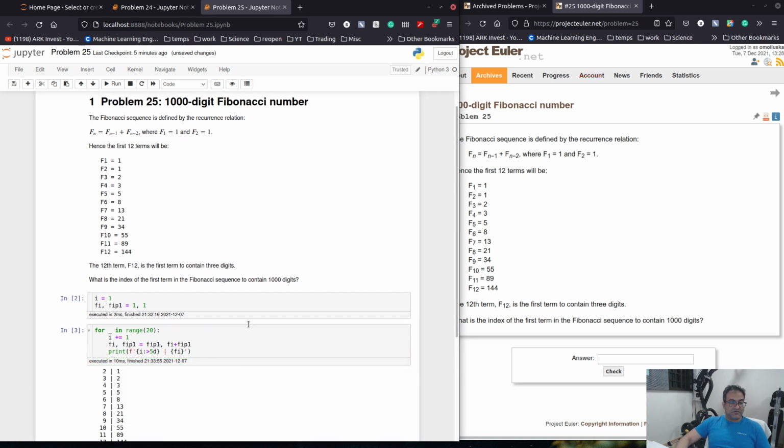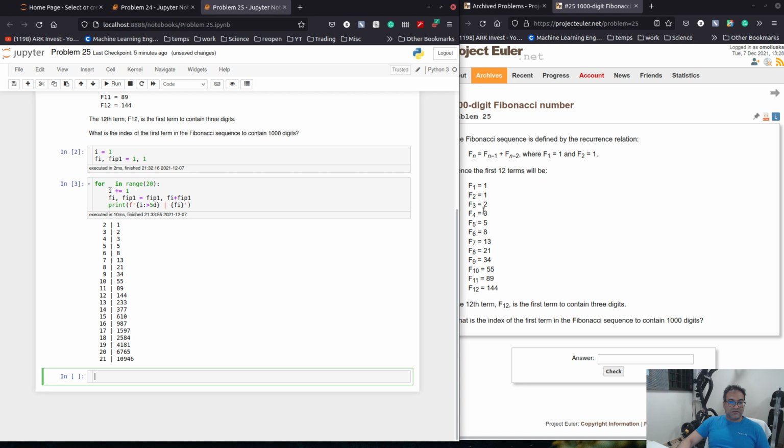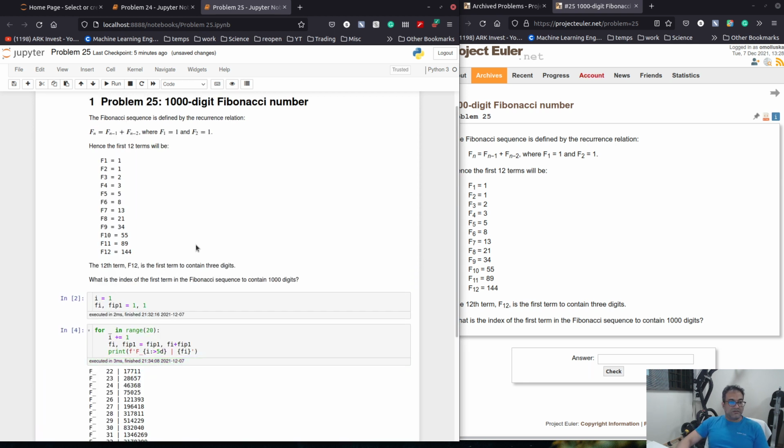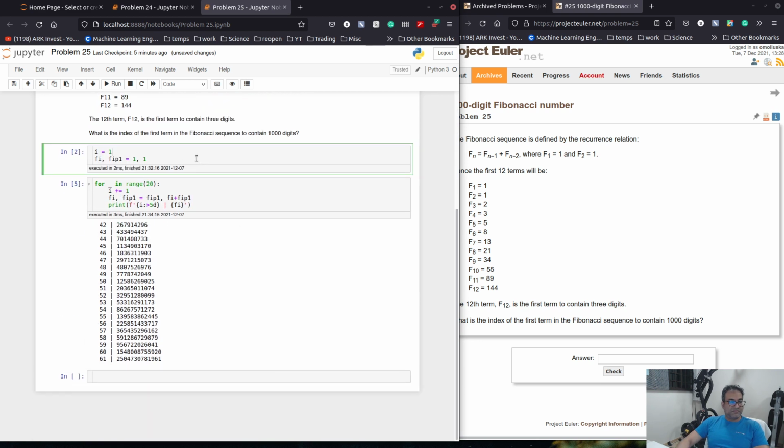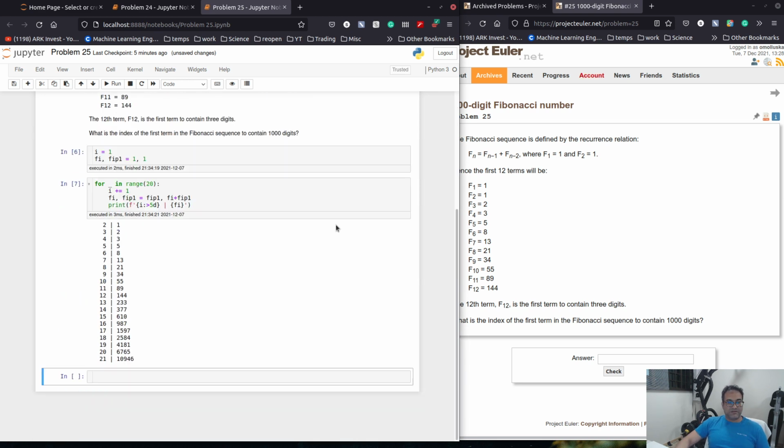Okay, so 2 is 1, 3 is 2. I can even put F underscore i. Never mind, this is not very good. Okay, we start with this and then we stop here. 2 is that, and so on.